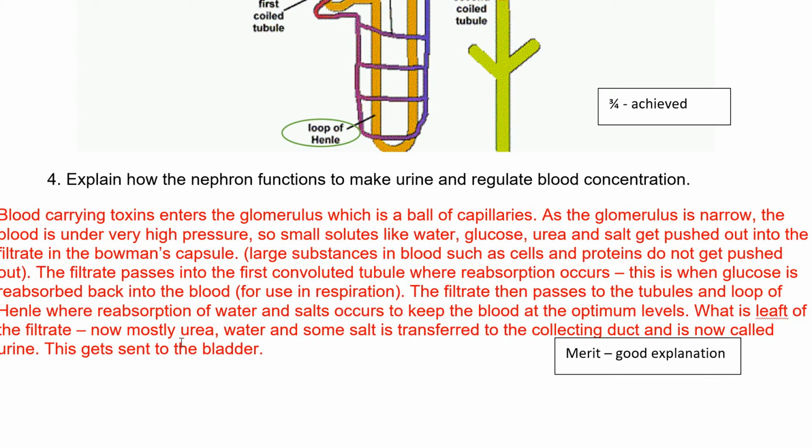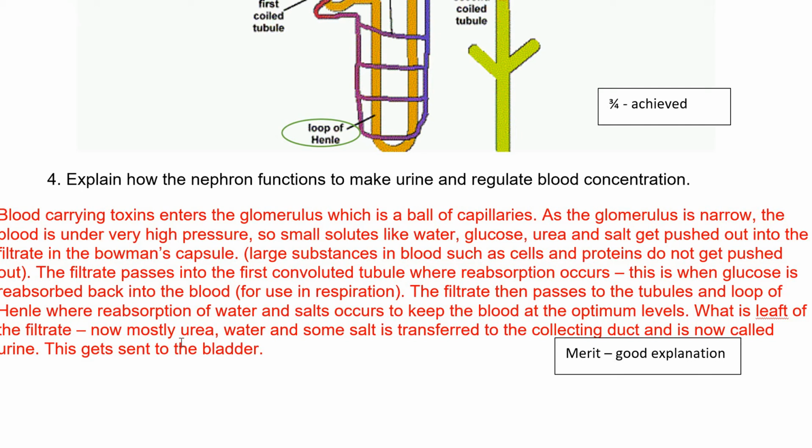Remember, two processes. We've just done one, filtration. Second process, reabsorption. So, in the first convoluted tubule, you're going to end up getting a whole bunch of glucose being reabsorbed, okay? Amino acids being reabsorbed. That will happen actively. More important than what is happening, that you're spending energy to get that stuff back, is why that is happening.